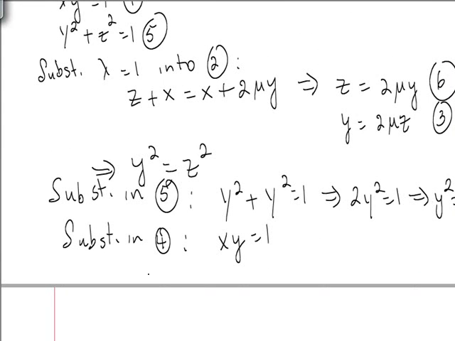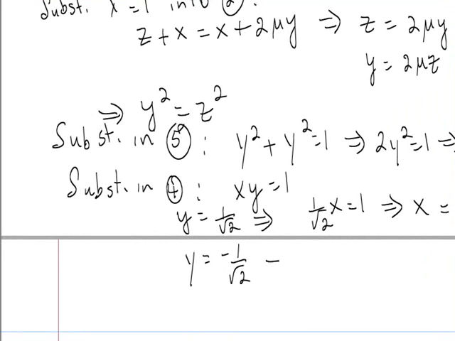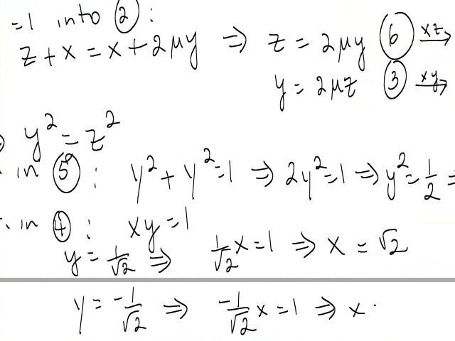So y equals 1 over square root 2 implies that 1 over square root 2 times x is 1. So this implies that x, cross multiply, is square root 2. And y equals minus 1 over square root 2 implies that minus 1 over square root 2 times x is 1. So x equals minus square root 2.